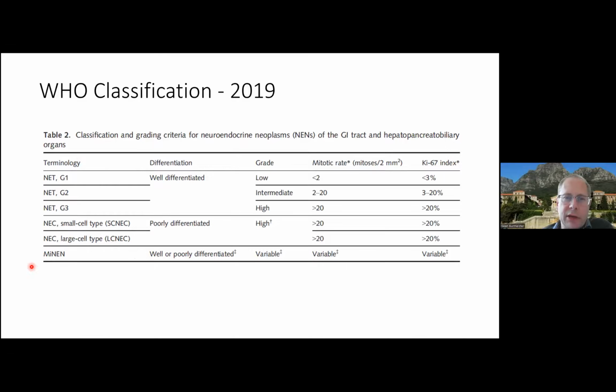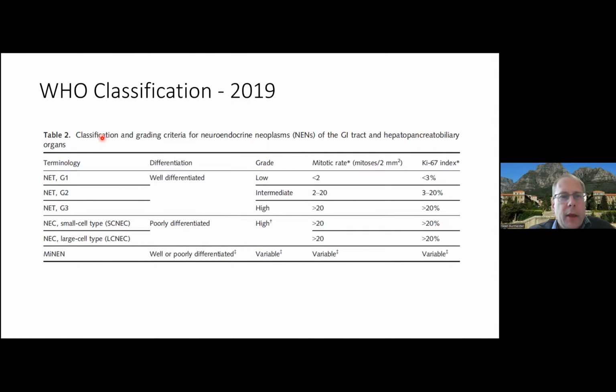So when we talk about classification and grading criteria for neuroendocrine neoplasms, it's important to be aware of the WHO classification, which was revised in 2019. Just to emphasize the terminology: you'll notice that I've been talking about neuroendocrine neoplasms. That is the all-encompassing term for all of these neoplasms or lesions.